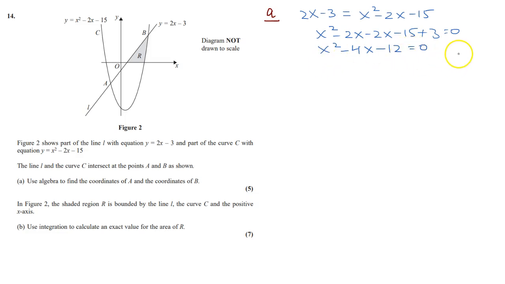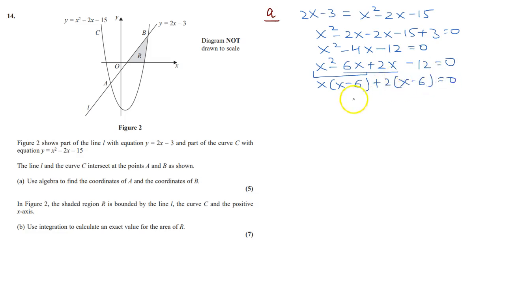So factors of 12 are 6 times 2. So we can write x square minus 6x plus 2x, 6 and 2 is minus 4, and 6 times 2 is minus 12, minus 12 is equal to 0. Now we will take x common, x minus 6 plus 2 x minus 6 is equal to 0. So it shows that x is equal to 6 and minus 2.